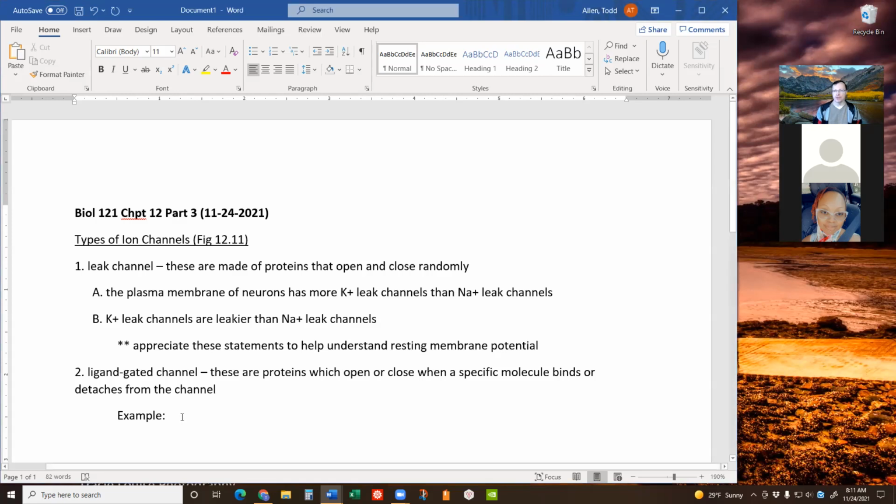Do you remember the conversation in the neuromuscular junction where the neuron releases acetylcholine. Acetylcholine floats across the synaptic cleft and attaches to, drum roll, the acetylcholine receptor. The acetylcholine receptor is an example of a ligand-gated channel.